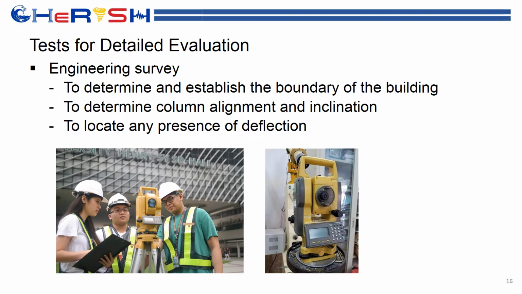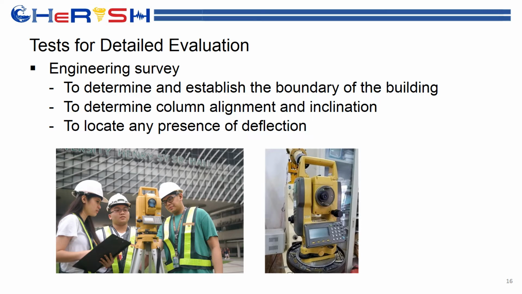We might also need to do this engineering survey in order to check column alignment and inclination. It might be difficult to do a visual survey, and you can barely notice the inclination of a column, so in order to check the alignment of this column, we may need to do what we call an alignment survey to determine the inclination of these walls, columns, and the overall building as a whole.